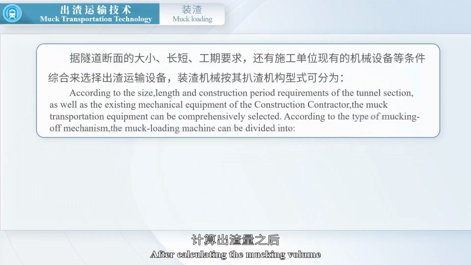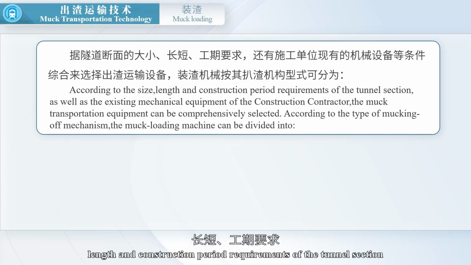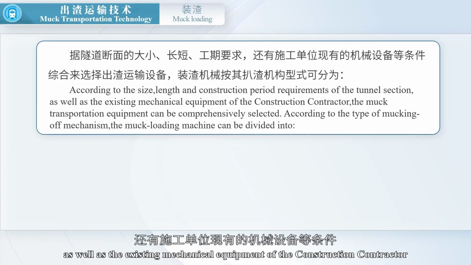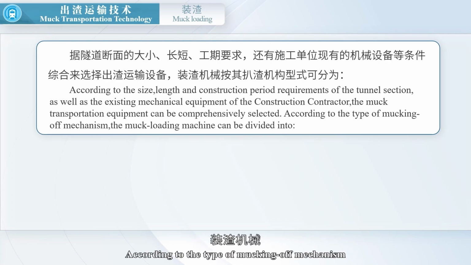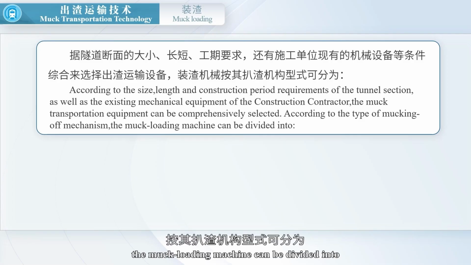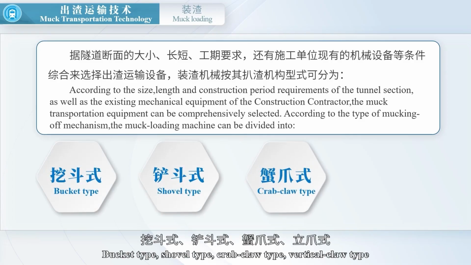After calculating the mucking volume, according to the size, length, and construction period requirements of the tunnel section, as well as the existing mechanical equipment of the construction contractor, the muck transportation equipment can be comprehensively selected. According to the type of mucking off mechanism, the muck loading machine can be divided into bucket type, shovel type, crab claw type, vertical claw type.